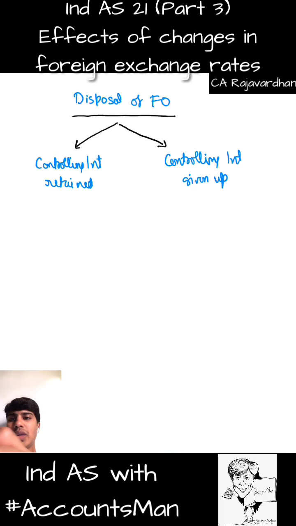Now assume that there is a company in which I hold 60% of the shares. So when I hold 60% of the shares, that is my control, that is my subsidiary. Now if I sell certain investments, assume that I sell 5%. So then what will happen? It will become 55%. Still it is my subsidiary and I still have control on it. So controlling interest is retained. However, if I sell 15%, then it will become 45%.